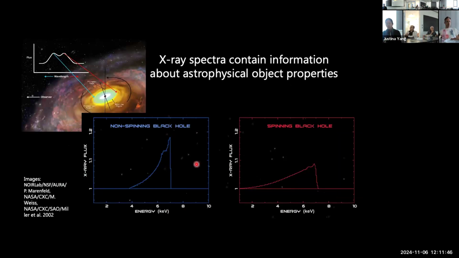It's hard to see in the room, but the point here is that the shape of these spectral peaks is different due to the physical effect that if you have a black hole spin, then some of the emission from your accreting black hole will be redshifted, and therefore the shape of your spectral peak will be different.